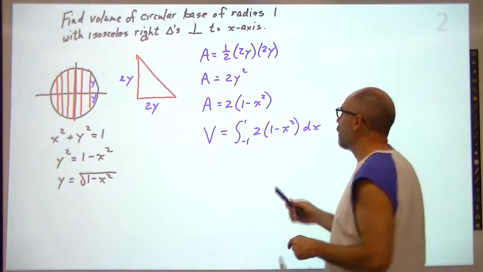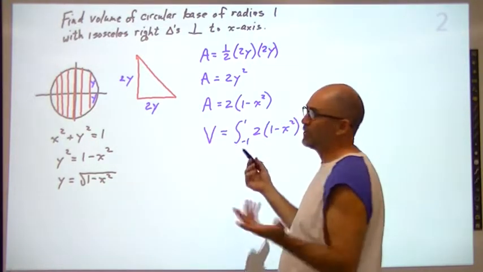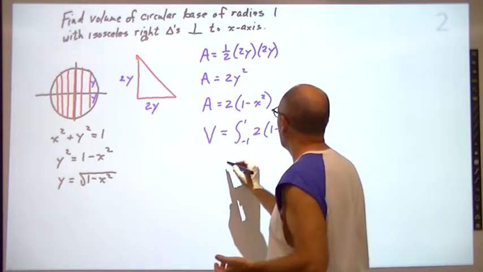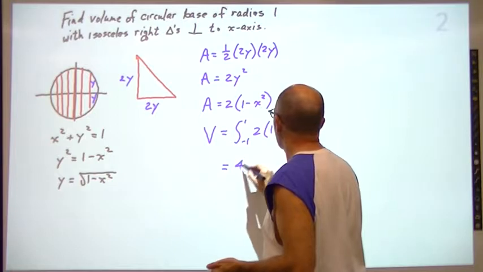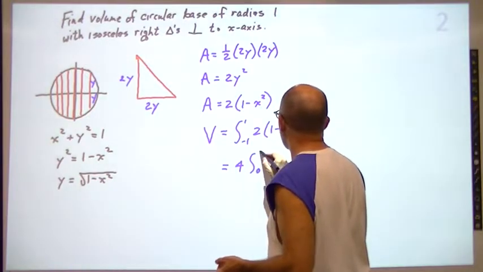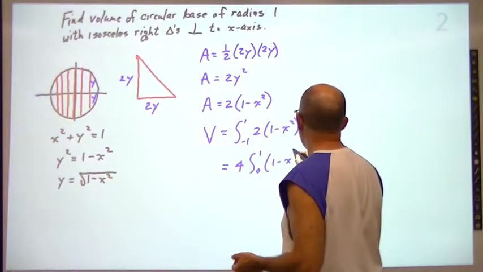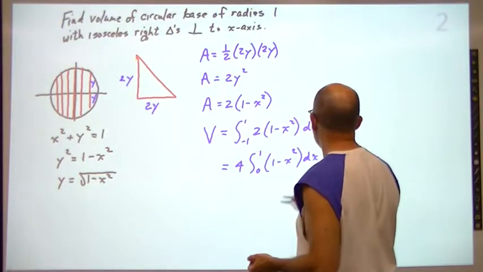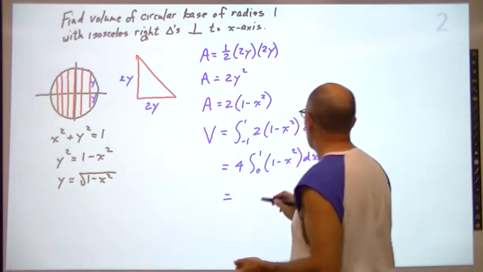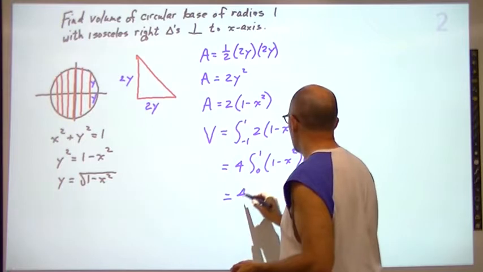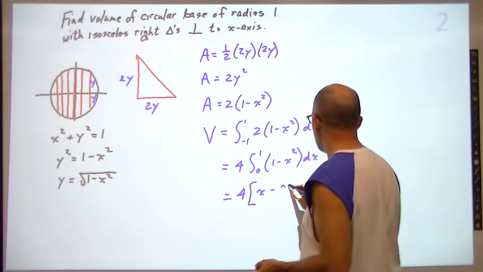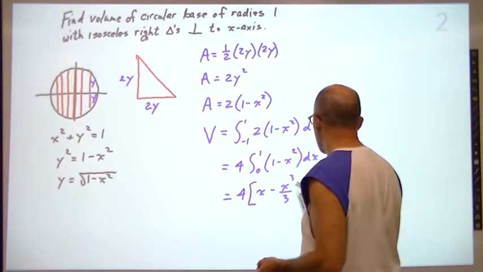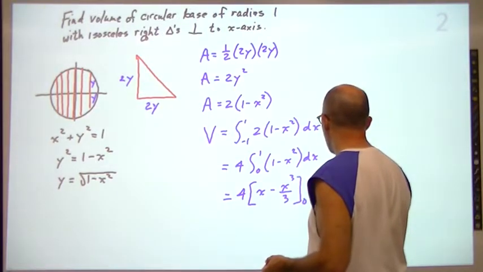And like we did before, I don't want to go -1 to 1 when I can just go 0 to 1. And so I'm going to make this 2 times this. So I'm going to make it 4 times the integral from 0 to 1 of 1 minus x squared dx. Then we integrate, so we get x minus x cubed over 3 from 0 to 1.